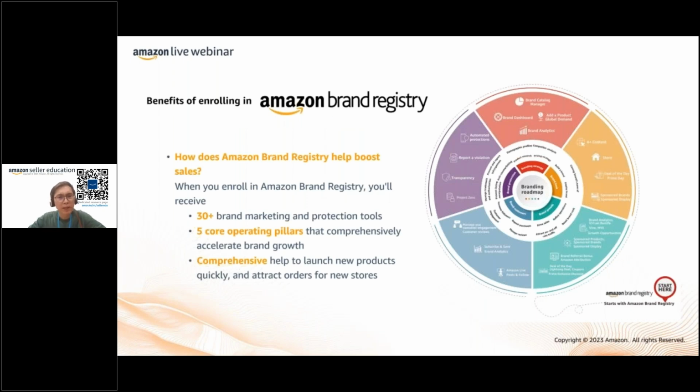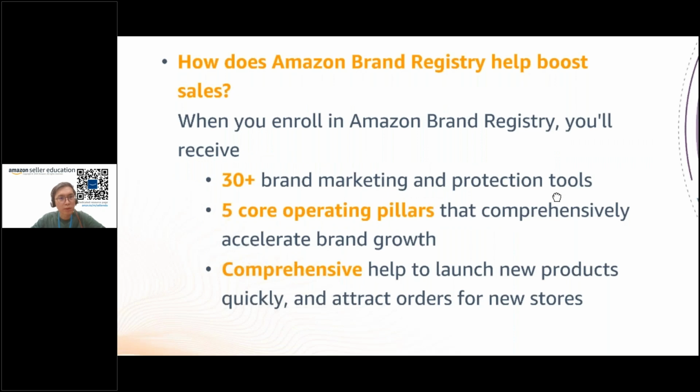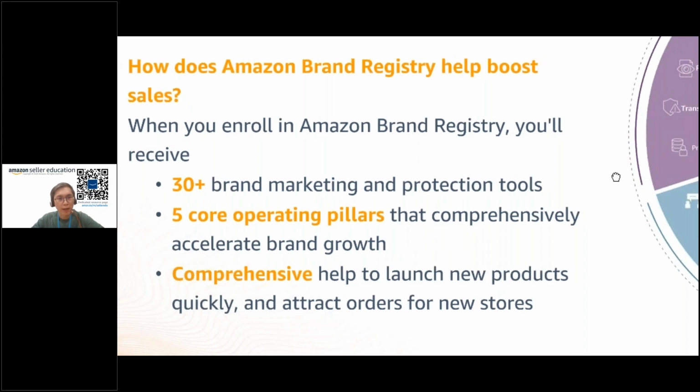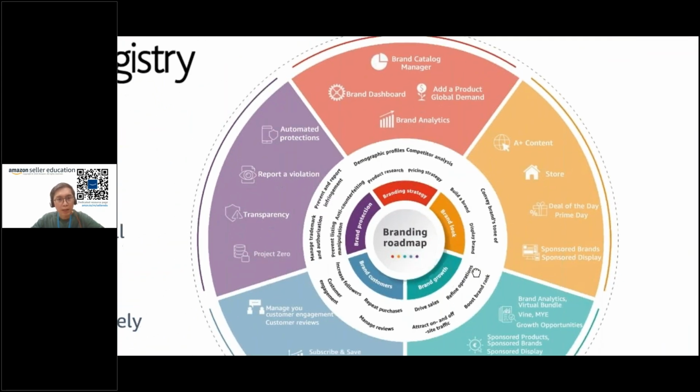Some key benefits. I'm going to zoom in a little bit here. How does Amazon Brand Registry help you to boost sales? You get access to more than 30 brand marketing and protection tools, part of these five core operating pillars that we have. This is the biggest size that I can share.